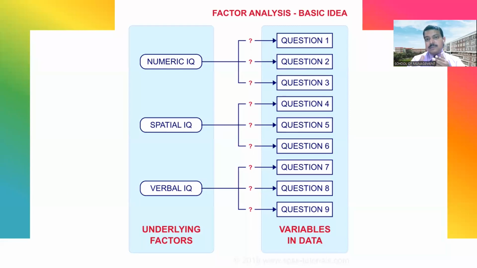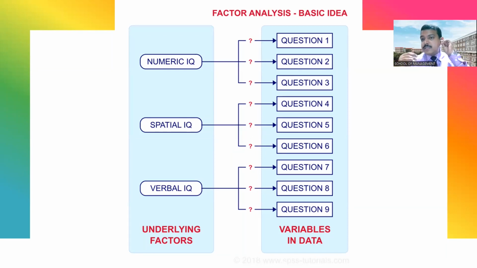Say, for example, I put up a list over here. In your research, say there are 9 variables. In your questionnaire, you have 9 questions, so those will be the 9 variables. Say variables 1, 2, 3 are highly correlated to each other, variables 4, 5, 6 are correlated to each other, and variables 7, 8, 9 are correlated to each other.